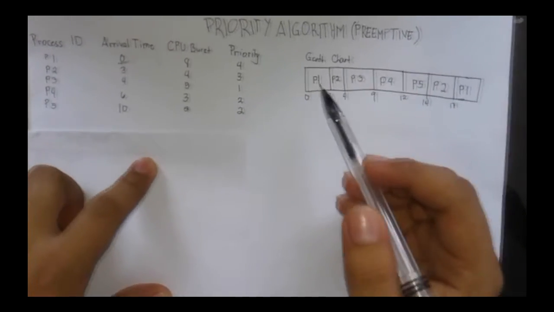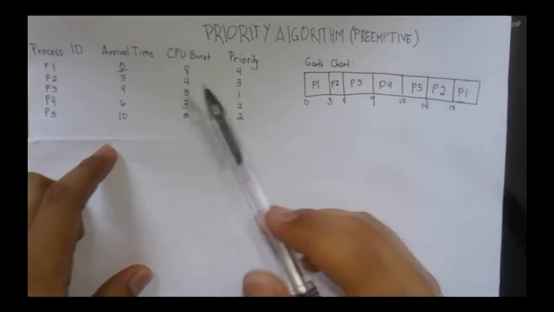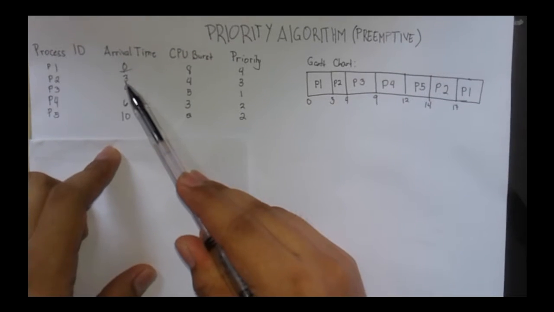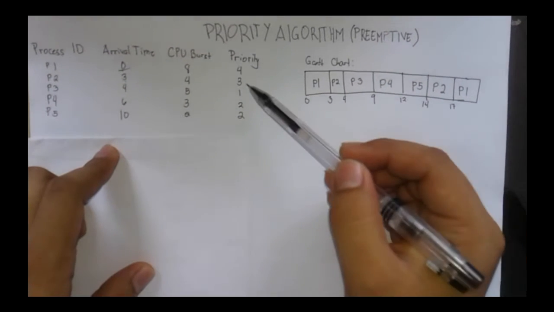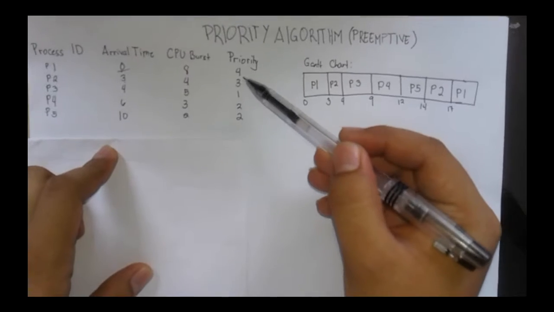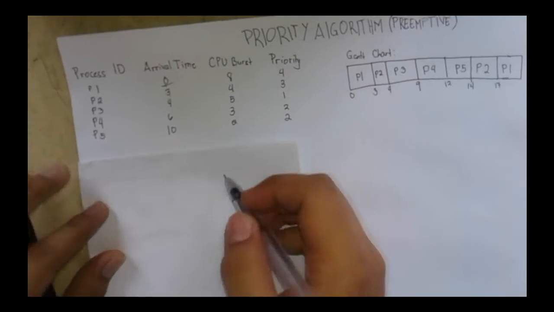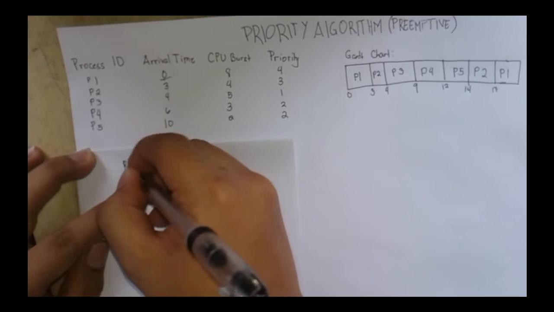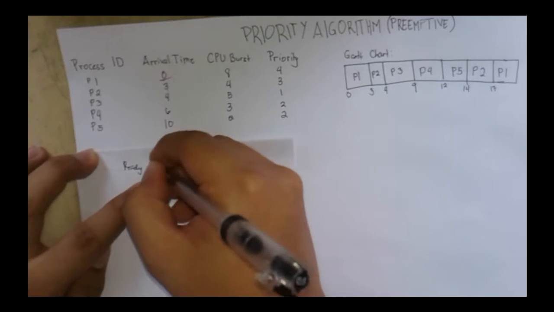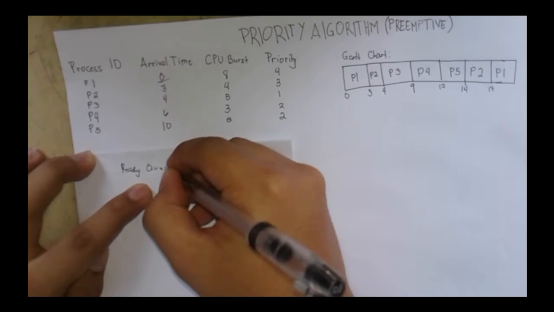But since P2 arrives at time 3 and its priority is higher than process number 1, P1 will be preempted. So it will be put on a ready queue.